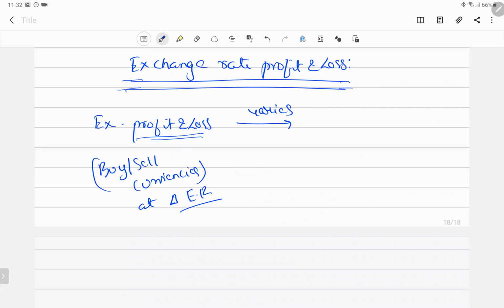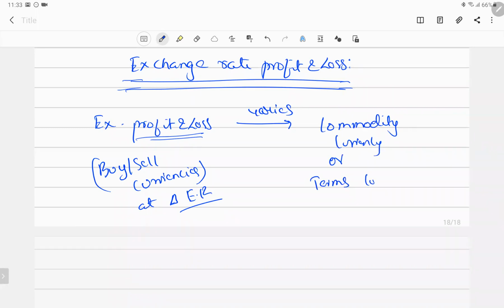The profit and loss is calculated only in terms of one currency, so the commodity currency or the terms currency has to be kept constant. Both cannot be fluctuated.